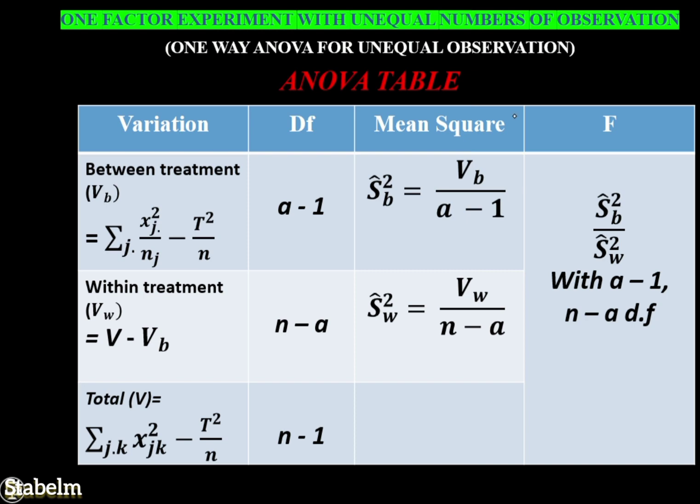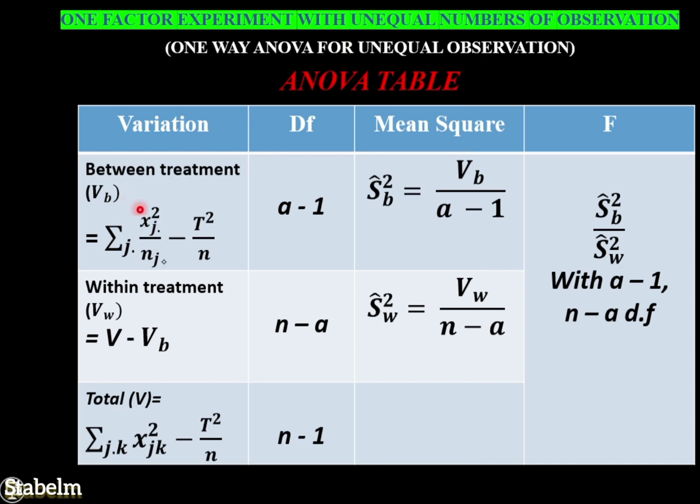Now in the next column here we have sum of square. For between treatment we have sum of square regression, and within treatment this is called sum of square error. Then we have the sum of square total. Next, here we are dealing with mean square. So the first box here we have the mean square between treatment, and how do we get this?